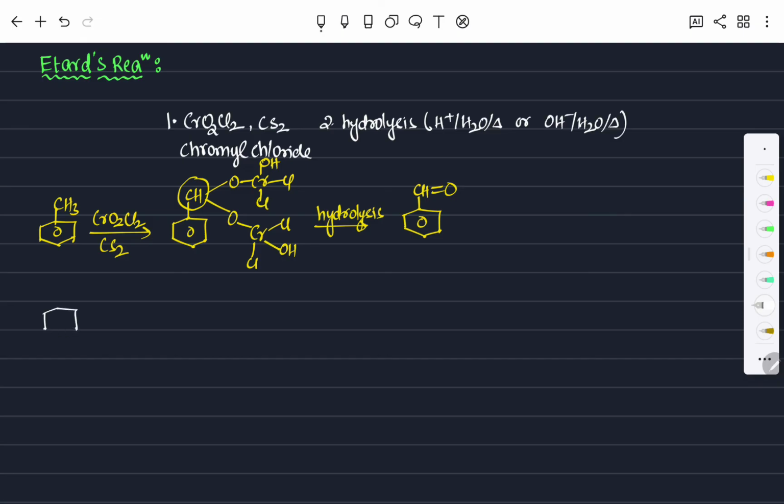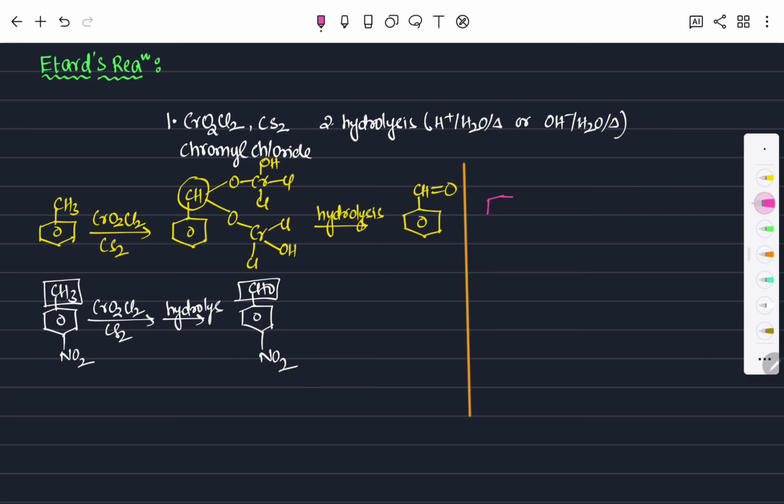Suppose we take para-nitrotoluene treated with CrO2Cl2 in carbon disulfide followed by hydrolysis; simply the CH3 group converts into CHO.